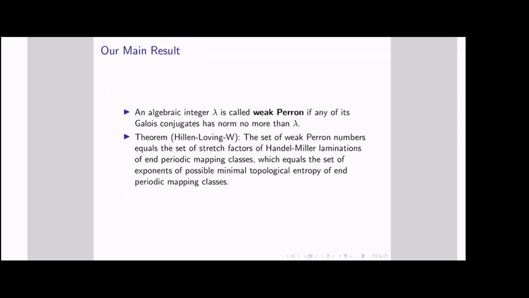But the other direction is unknown. It's unknown whether any bipolar number is the stretch factor of a pseudo-Anosov mapping class over a finite genus surface. So the point of our main result is that by allowing genus to go to infinity, we have a complete characterization of all the possible stretch factors, which is not really doable when genus is only finite.